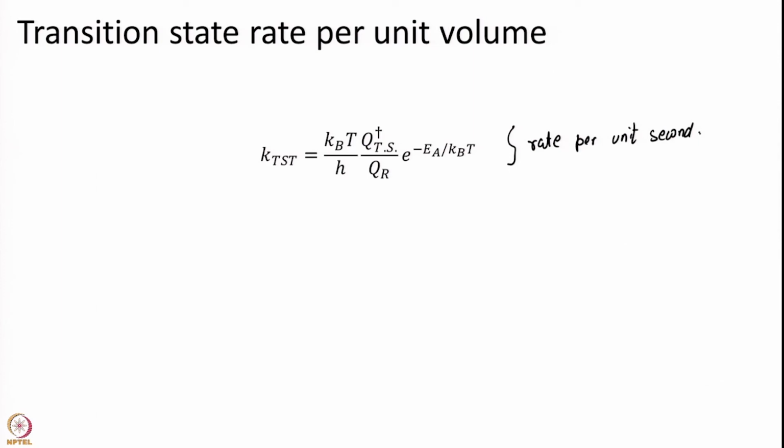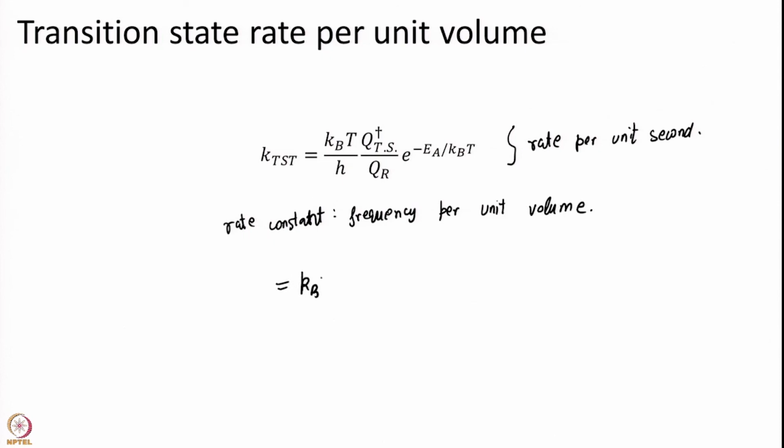Remember, rate constant is the number of particles passing through per unit volume. So, the rate constant is frequency per unit volume, but that actually has an easy remedy.